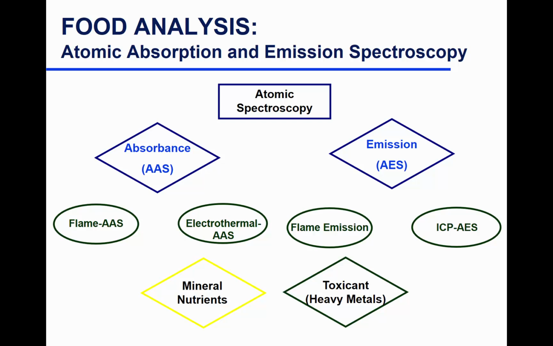Or you have the electrothermal, which we do have in our instrument, but we didn't do. And there are some differences between the two, and we'll talk about that as well. In emission, you can do flame emission, or you can do what we call inductively coupled plasma atomic emission spectroscopy. It's a mouthful, but it is written in one of your slides, and we'll talk about that.